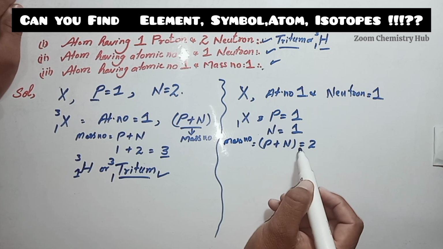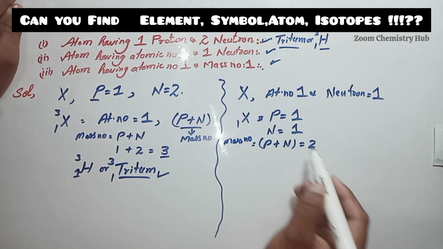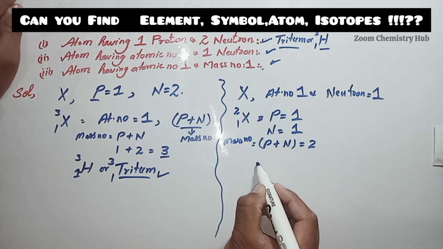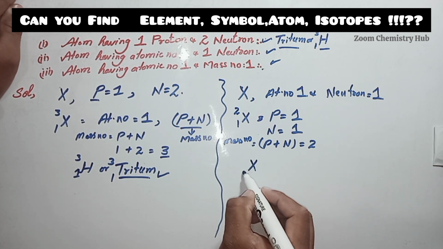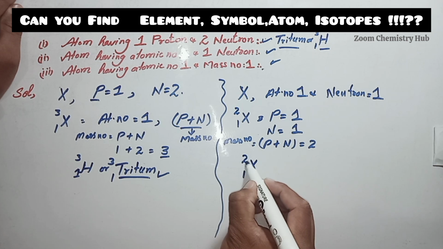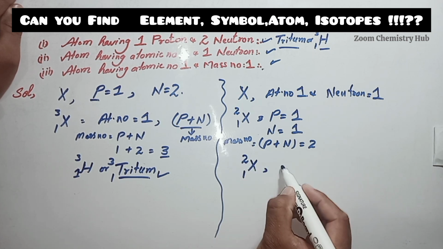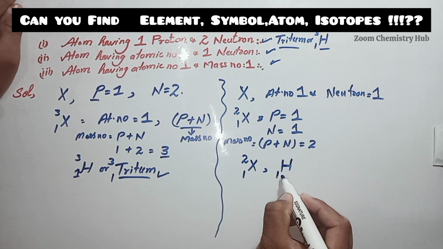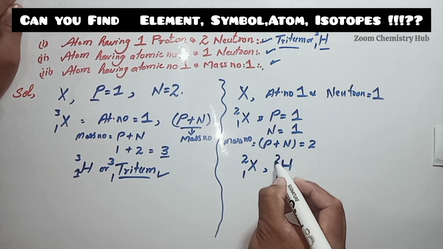So the element X has mass number 2. So the element X with atomic number 1 and mass number 2 is hydrogen.